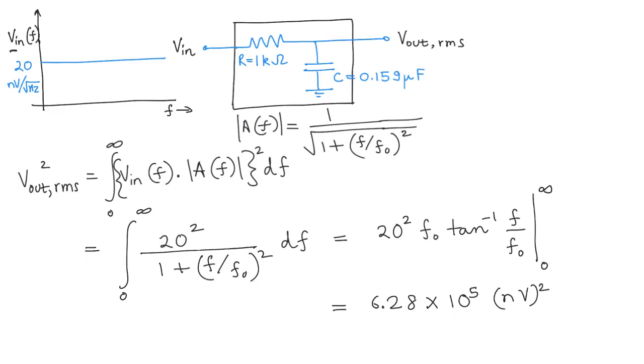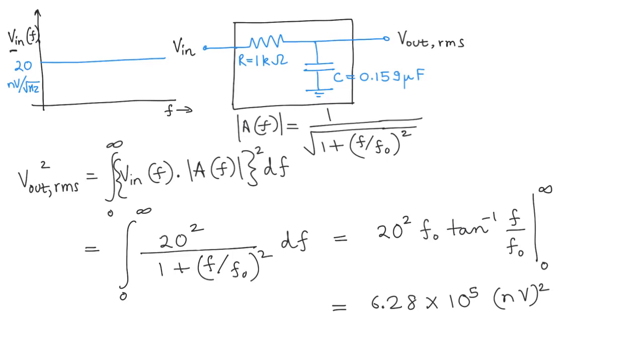One of the ways to think about this is that tan inverse, if you put infinity here in this equation, tan inverse infinity is going to be pi by 2, and tan inverse 0 is going to be 0. So you get 20 square times f naught, which is 1 kilohertz, as we calculated previously, and you would be subtracting pi by 2 minus 0, right, for the infinity and 0.